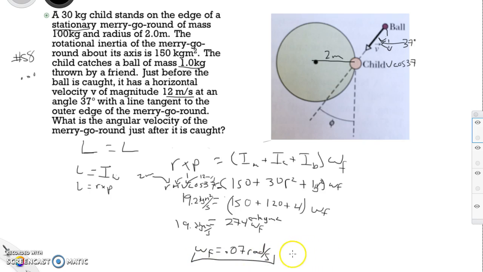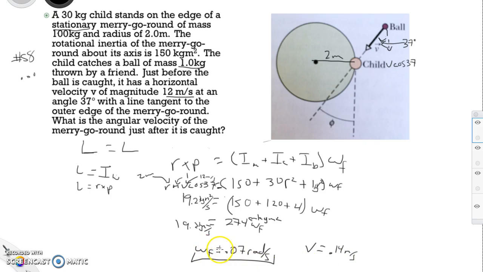If we wanted to, we could find out how fast the child would be moving if we multiply this by the radius of 2 meters. That means the child has a velocity of 0.14 meters per second.